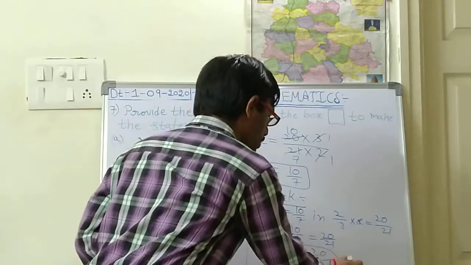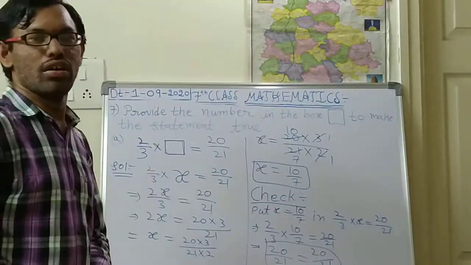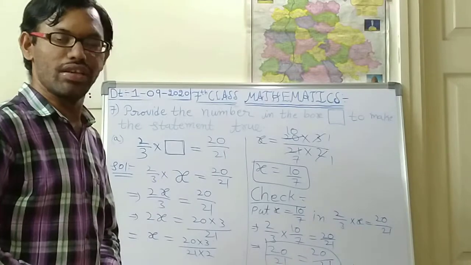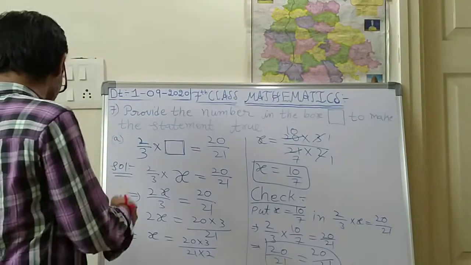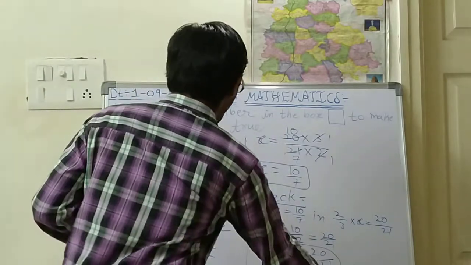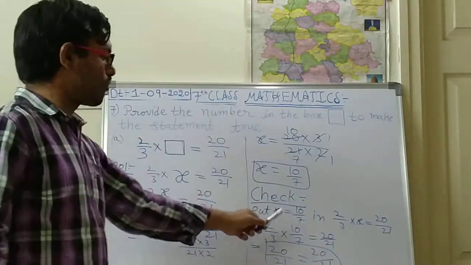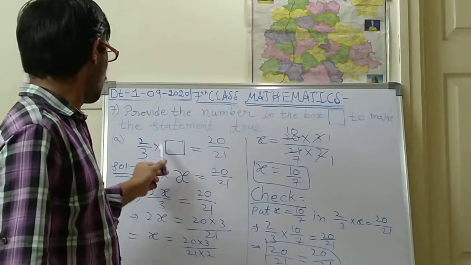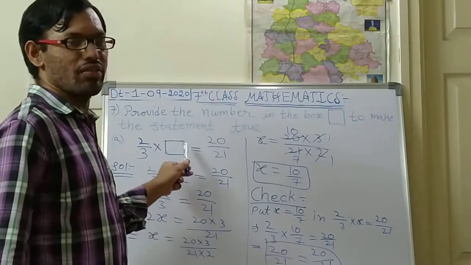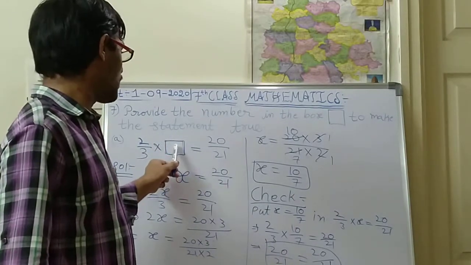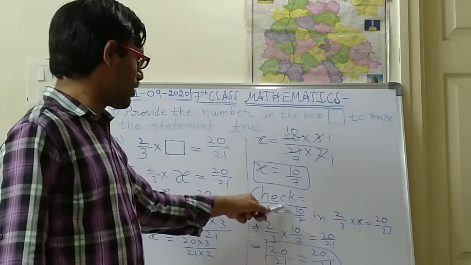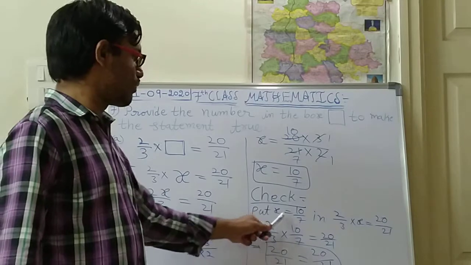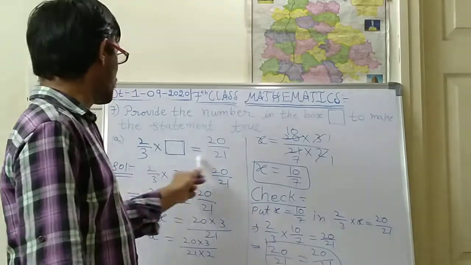Like that you are supposed to end this answer. I think you have understood this one. Is it right, children? Next problem we shall see. Check is very important for these problems. If any problem is given to find x, to find an unknown answer, then put x equals 10 by 7 in this problem.